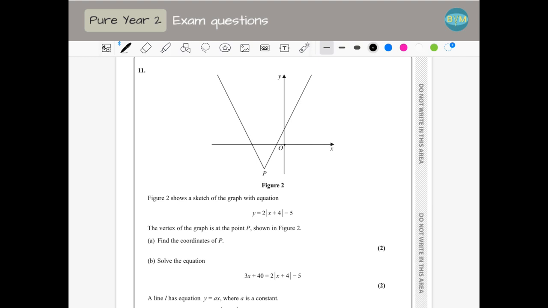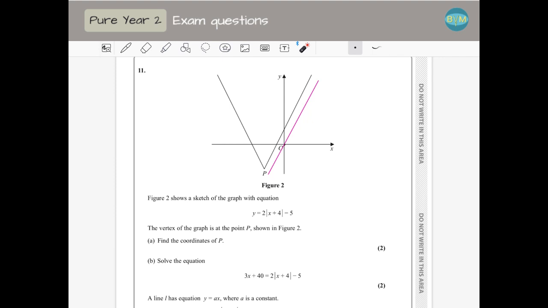If I want a line to cut twice, consider a line with the same gradient as my modulus function. It doesn't look completely parallel, but please think of it as completely parallel. If the gradient of this line is 2, so if a is 2, these lines would never meet.